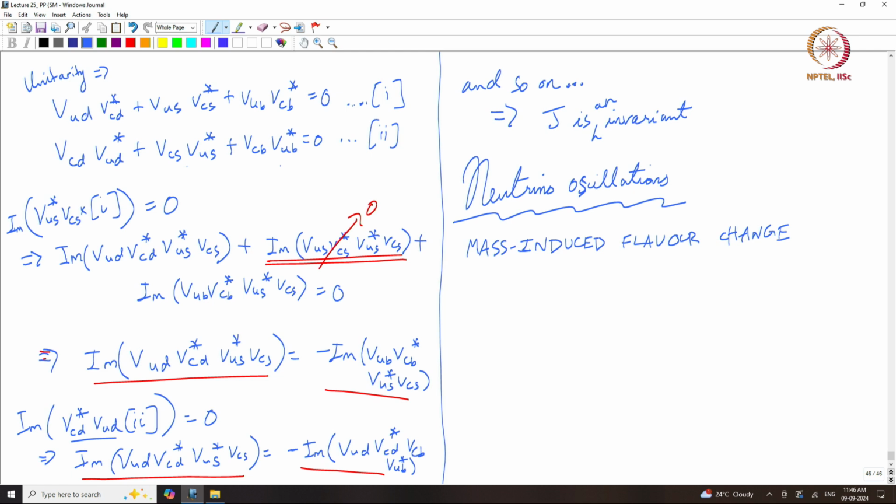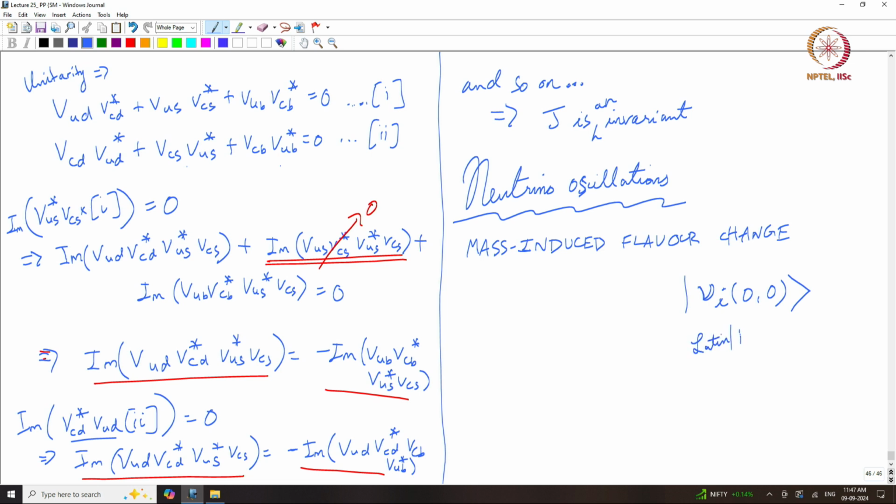So, let us start with a simple equation that captures how a neutrino state would evolve. And when I write indices i, j, k, Roman letters, it stands for the mass eigenstate. And when I say alpha, beta, gamma, that would stand for the flavor eigenstate. Let me just write this down because it is important.